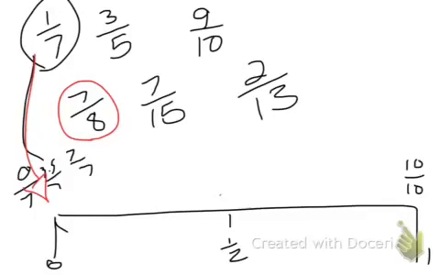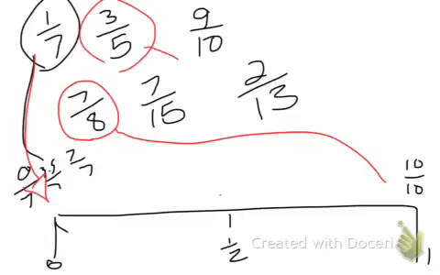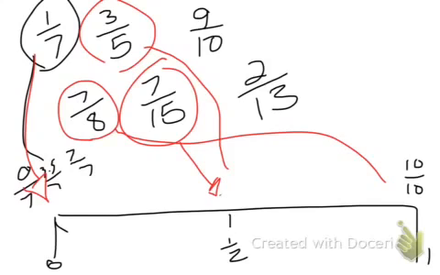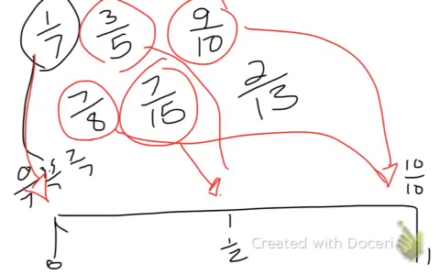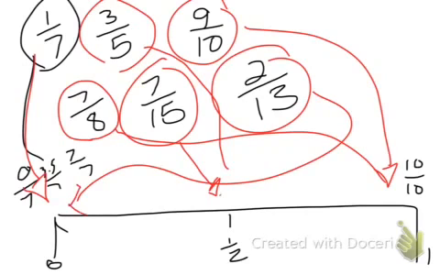So 7/8 would be closest to 1 because 4/8 would be half and 7/8 is closest to 1. 3/5 would be closest to half because 2.5 would be half. 7/15 would be closest to half because 7.5 would be half. 9/10 would be closest to a whole, and 2/13 would be closest to 0.